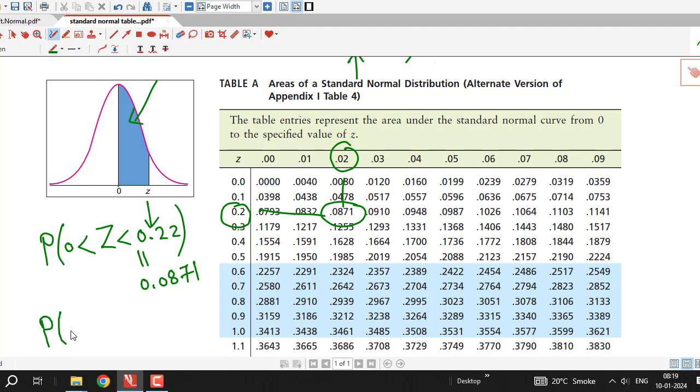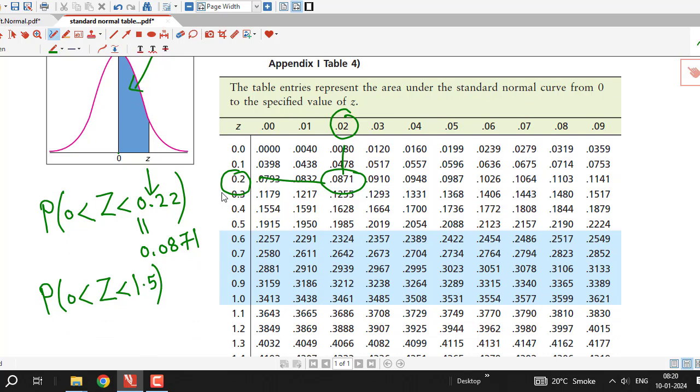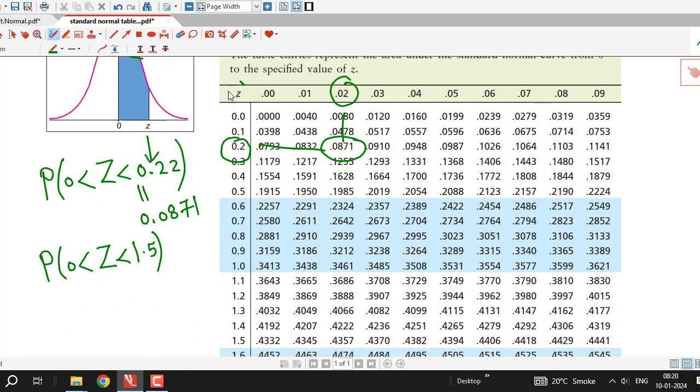Suppose I am interested in the probability that z lies between 0 and say 1.5, then I have to concentrate here. For the z value 1.5, it can be written as 1.5 plus 0.00.